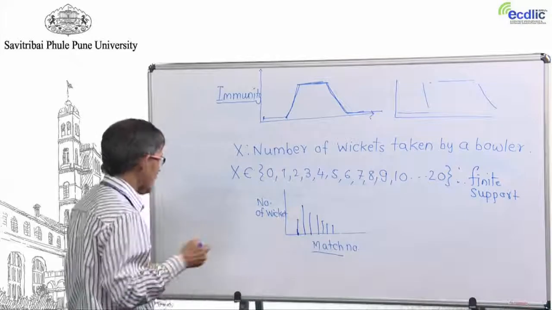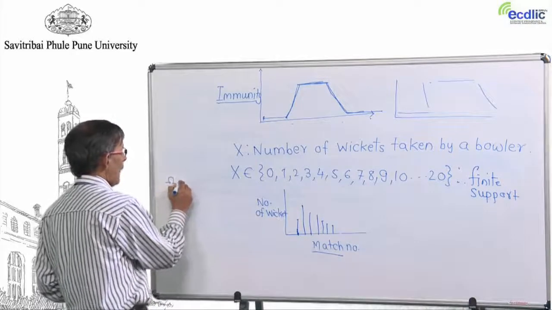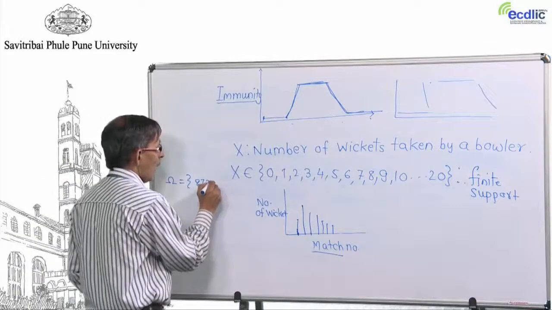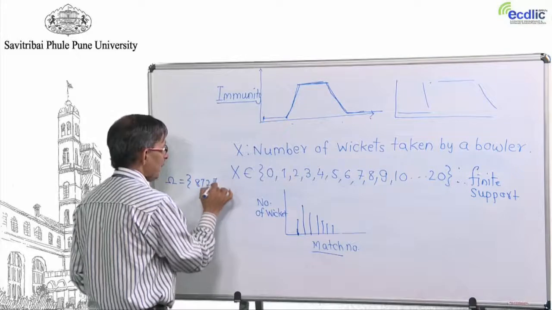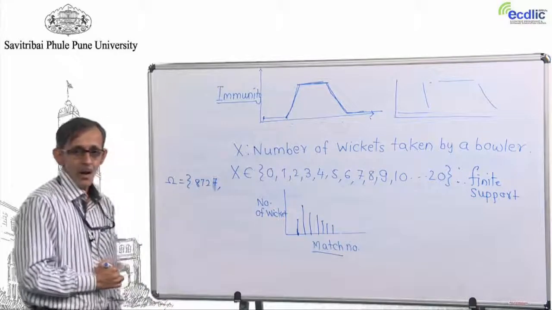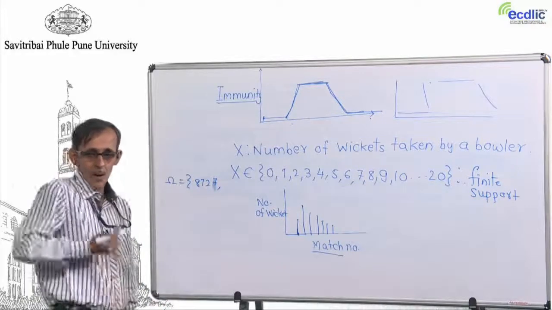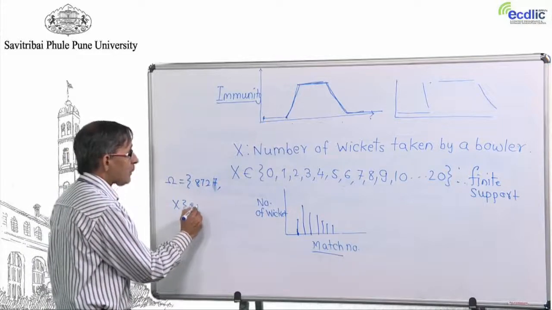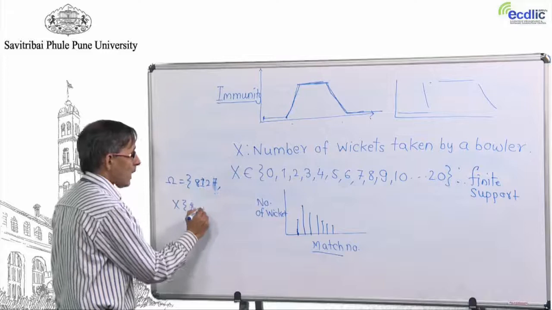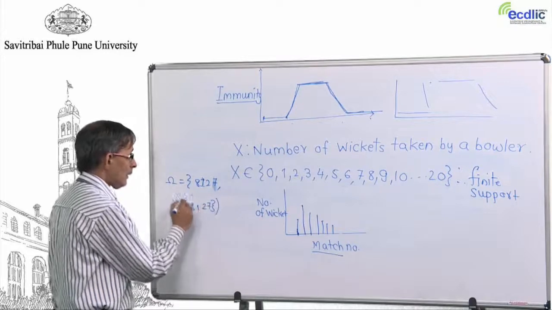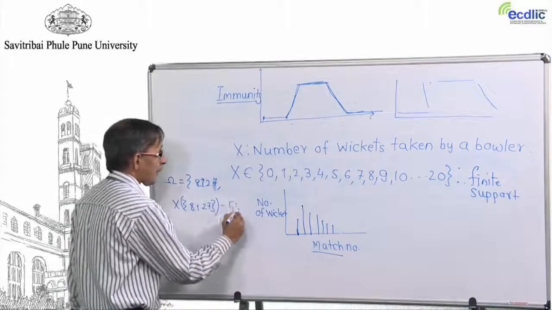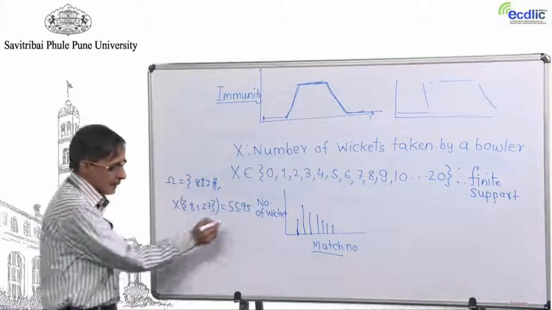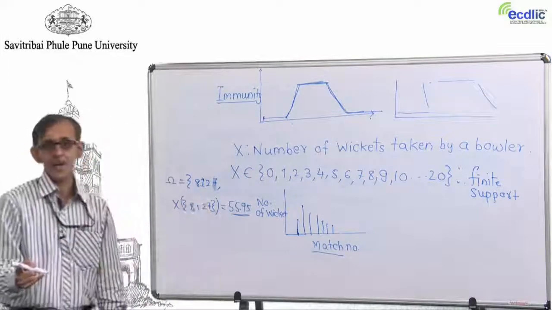So what you get essentially, omega is, say for example, my PRN was 8127, and I wanted my MSc marks coming in x of 8127, coming out to say 55.95. So this is my marks obtained in percentage.